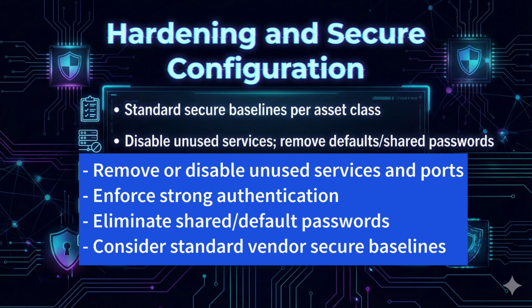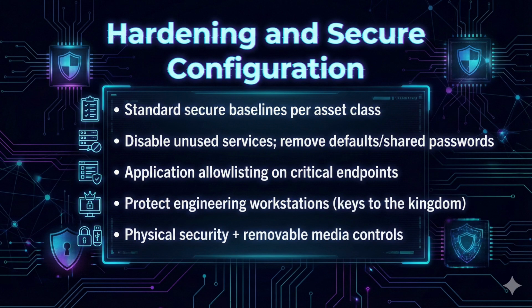Remove or disable unused services and ports, enforce strong authentication where the device supports it, and eliminate shared/default passwords. For Windows or Linux-based OT servers, standard security baselines help, but you must validate changes against vendor support and operational constraints. A particularly strong OT control is application allow listing on critical workstations and servers.